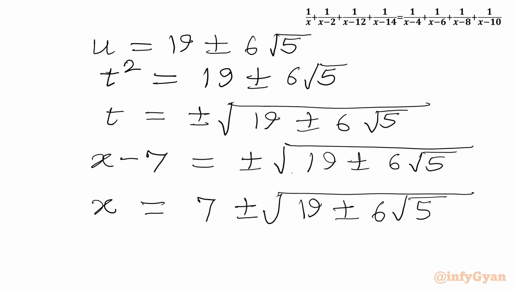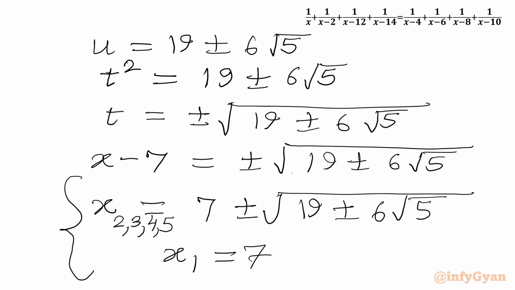So here we have 4 solutions, and the first solution was x equal to 7. So overall 5 real values of x which will satisfy our equation. Let me write all the 5 values over here.